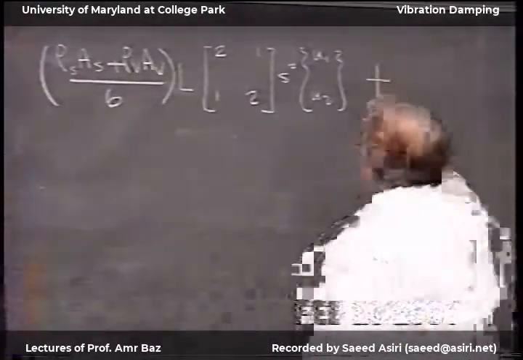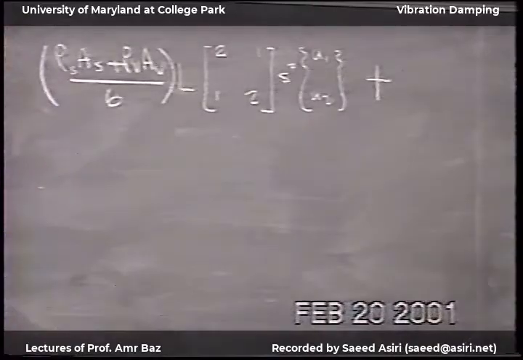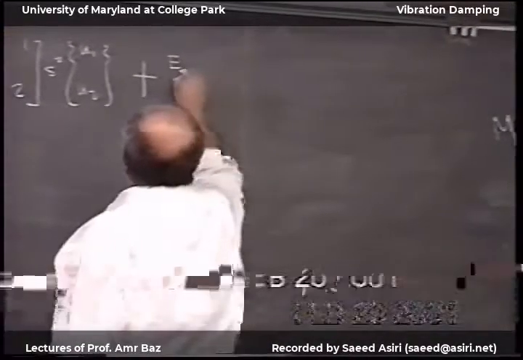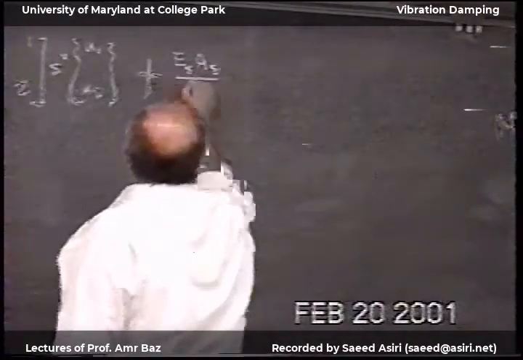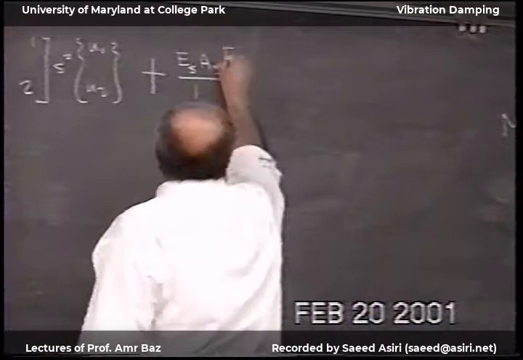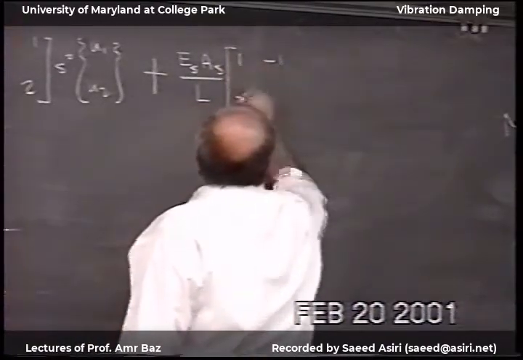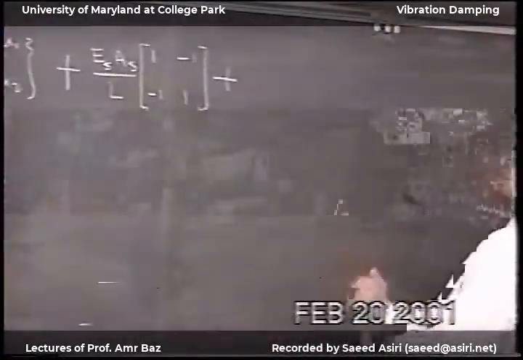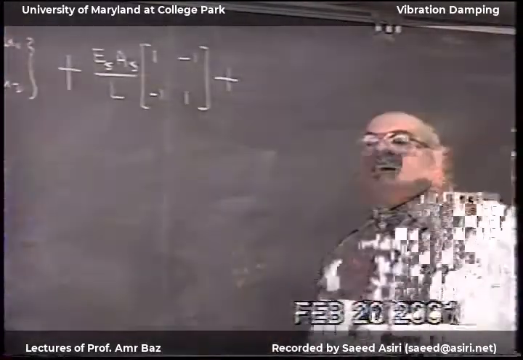And the K from here, I'm going to do it like this. First, E over L, 1 minus 1, minus 1 and 1. The second term is the problem.